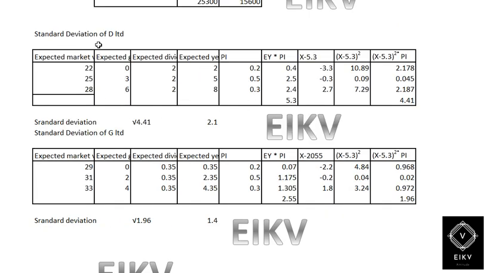For the computation of standard deviation, we will take the expected market price, and it should be multiplied with the probability. So when we multiply those things, I mean the expected market price with the probability, we will get the yield as 0.4, 0.25 and 0.24.